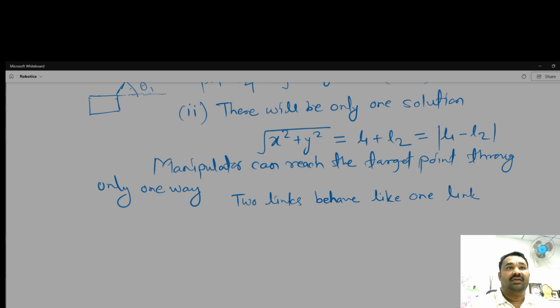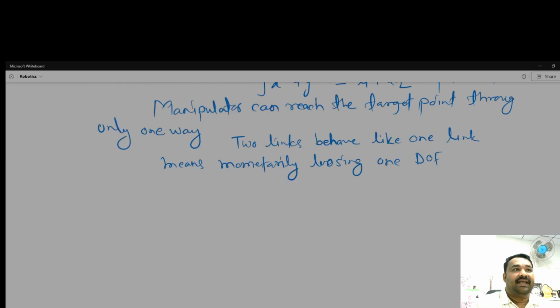Meaning, momentarily we are losing 1 degree of freedom. This is the first situation, and this losing of 1 degree of freedom is known as singularity.